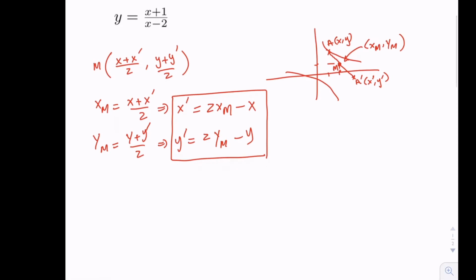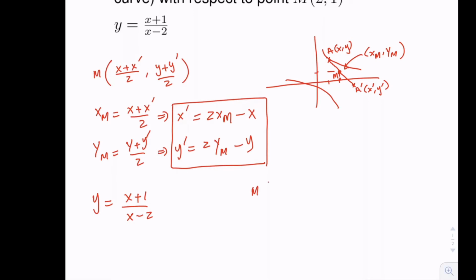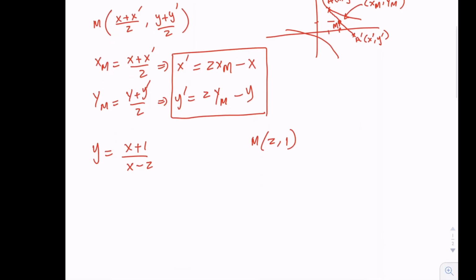Now we have a function y equals x plus 1 over x minus 2. So if we want to find the mirror image of y with respect to the point M (2, 1), then we need to find x and y in terms of x prime and y prime and then substitute into this equation.